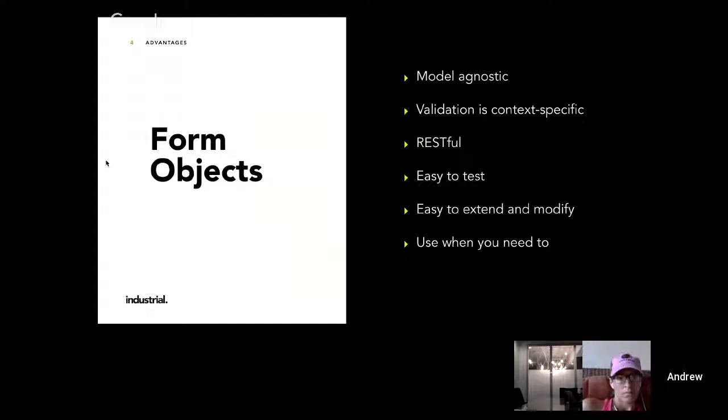And the other nice thing about this is you can just use them when you need to. You can use the default Rails forms when it makes sense to do so. And when you have something a little bit more complicated, a form object will help you immensely. But you don't have to have only form objects. You can still use the same Rails stuff, and that's really nice.